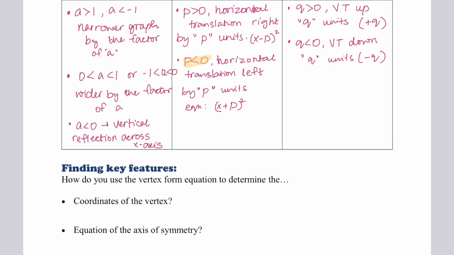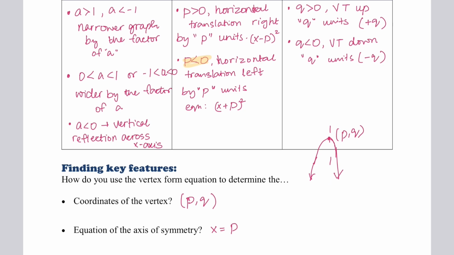So the coordinates of the vertex will be P comma Q. The equation of the line of symmetry is when x is equal to p. Remember, if this is our graph and this is our vertex, it'll be p comma q, and at the vertex there is a line of symmetry.